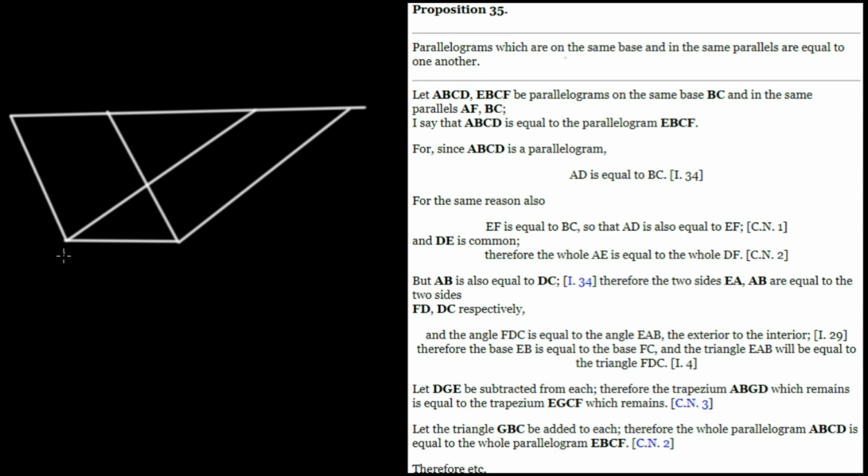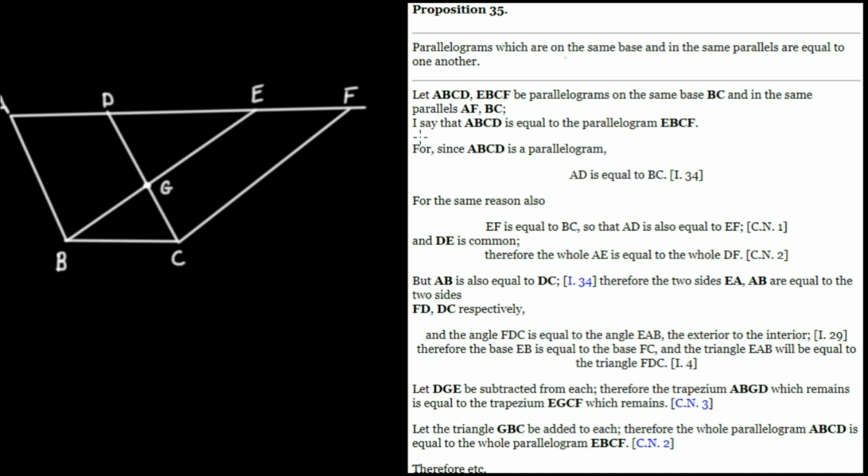And in terms of labeling, we have our common base BC here. This is going to be A, and this is D, so that the parallelogram ABCD, that's this one over here. And over here, we're going to have the parallelogram EBCF, so this will have to be E, and this will be F. And later on, he's going to call this intersection point G, so we'll just place that in here.